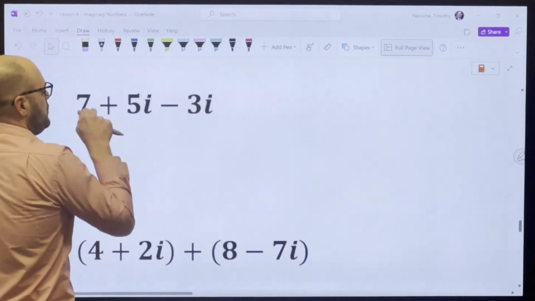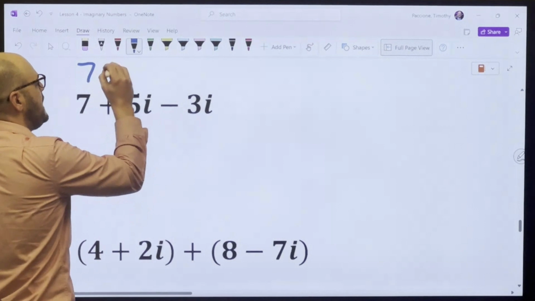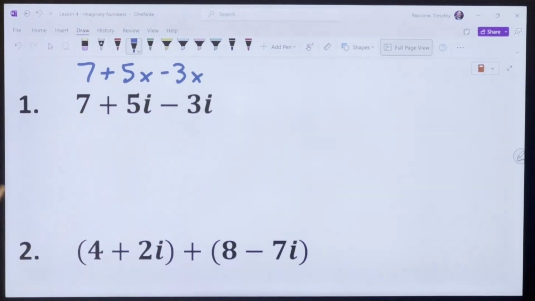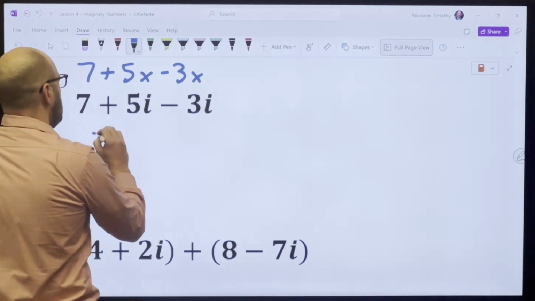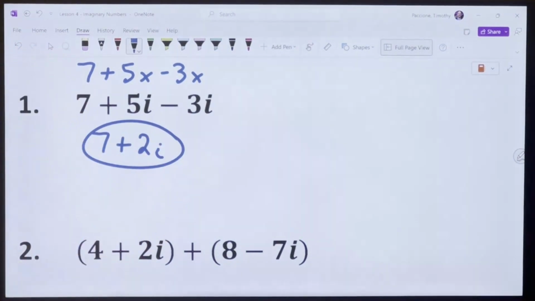If you have 7 plus 5i minus 3i, just think of it as, what if I had 7 plus 5x minus 3x? What could I bring together? 5x minus 3x is 2x, so this will be 7 plus 2i. And would you put it as like 2i plus 7?